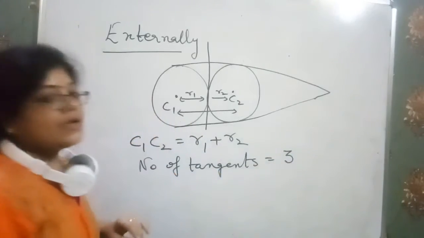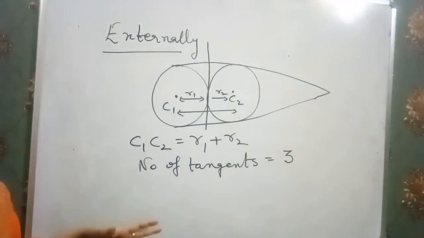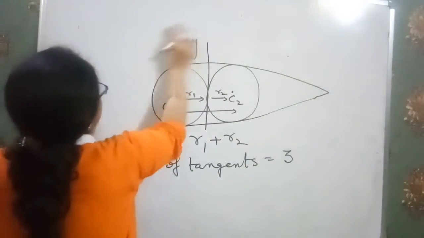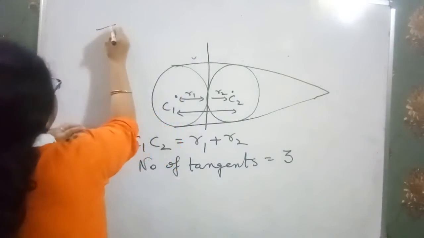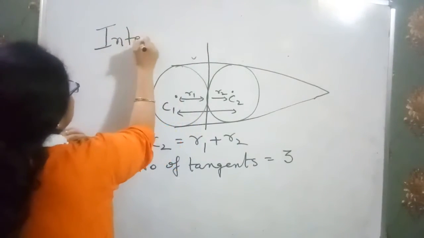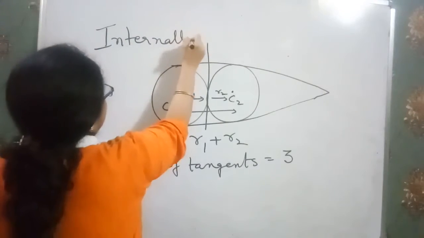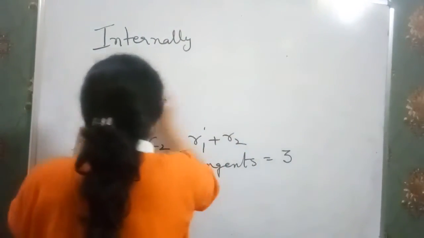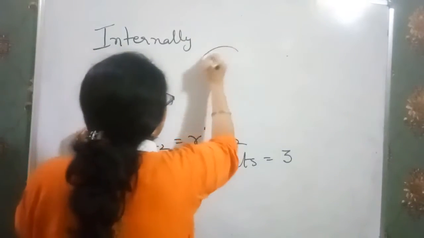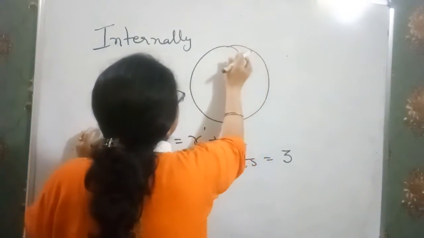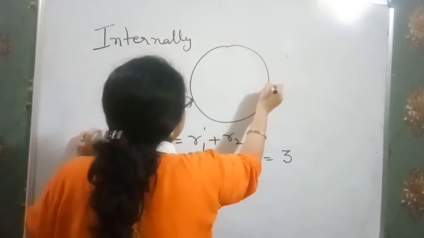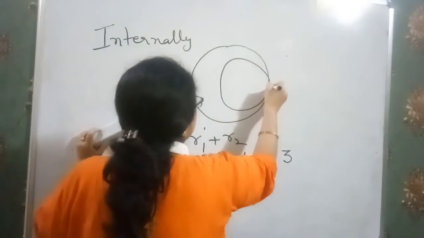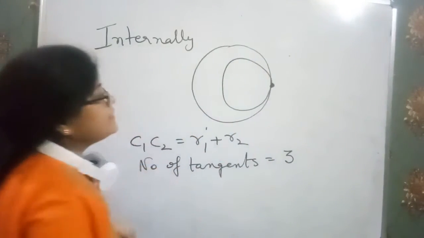Clear? Now I am going to take another condition. Just note it. When the circles touch internally, the figure is just like this. There's a circle, there's one more circle, and they touch each other internally.